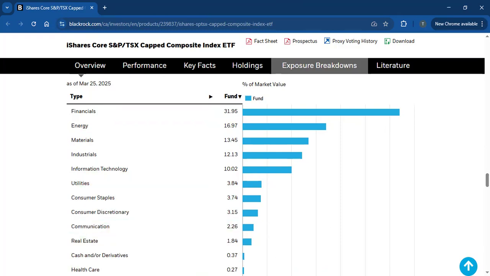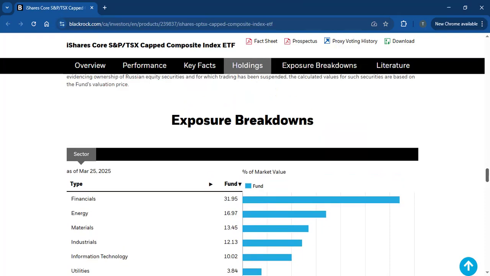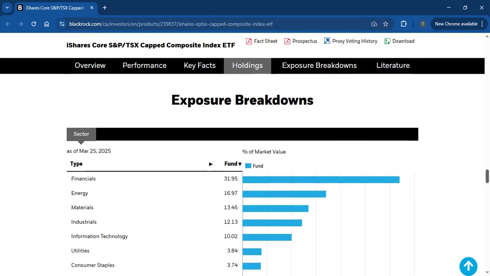That's what we mean by exposure. You have this fund that is made up of 200 companies, and these companies come from different sectors: the ones that come from the financial sector, the energy sector, the material sector. So what is the percentage that all these sectors represent?